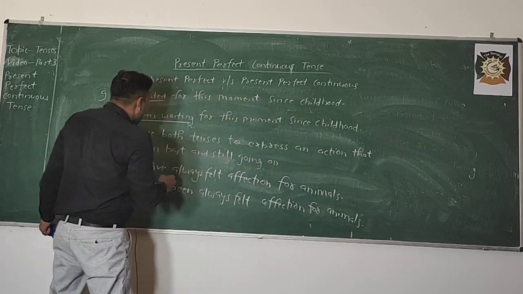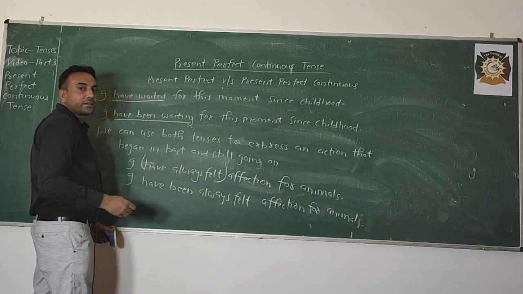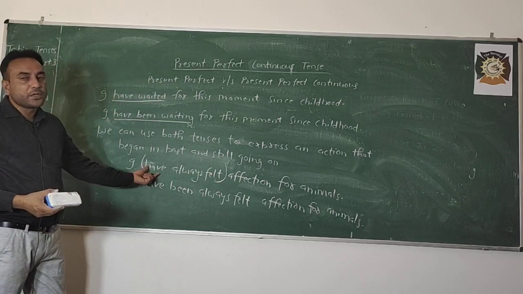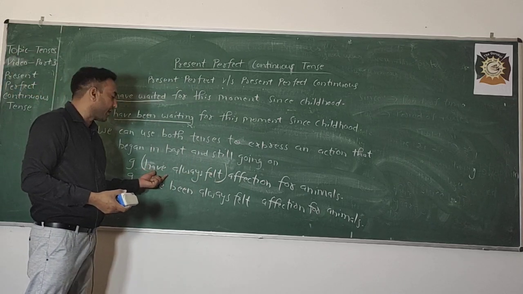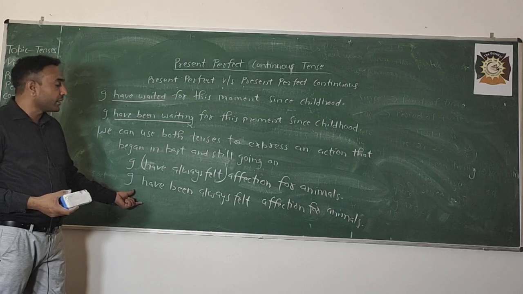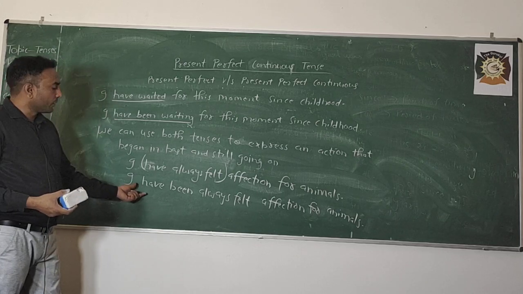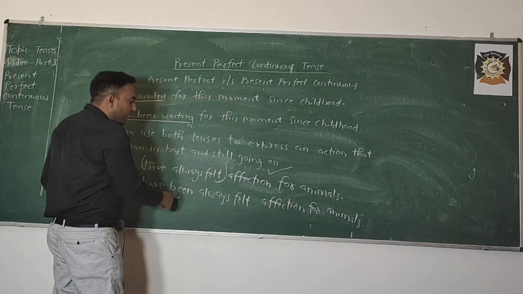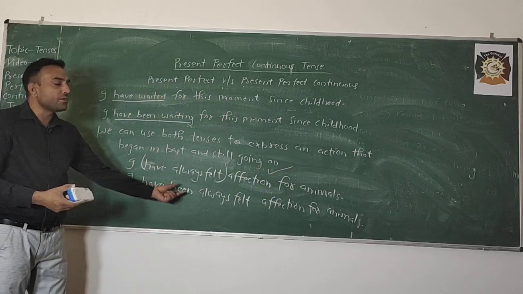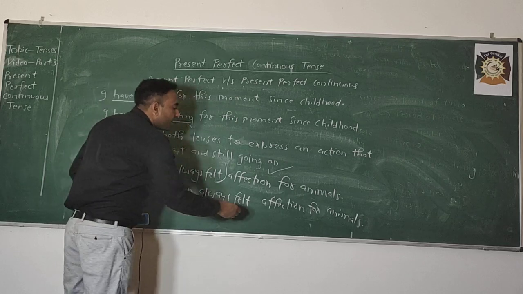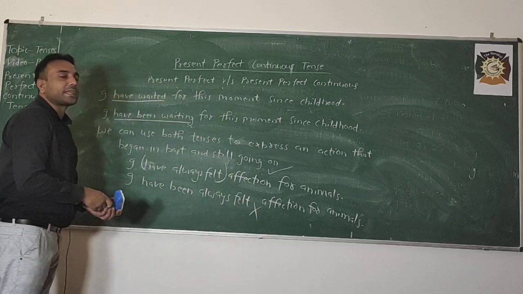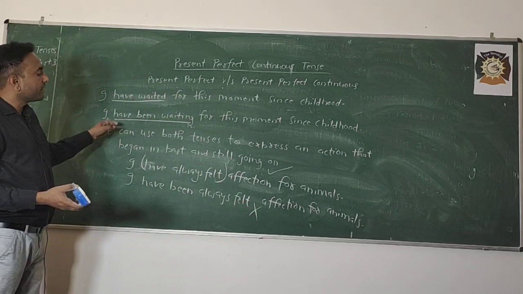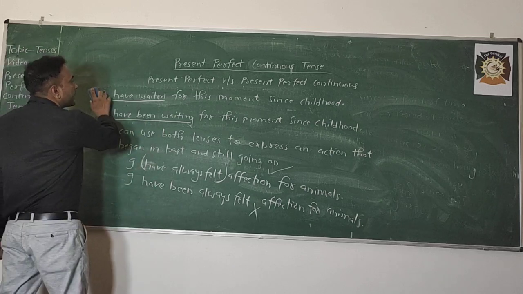This verb, have always felt, can be used only in present perfect tense, not in present perfect continuous tense. So this sentence is correct, but the second one, have been always felt, is incorrect. We will not use it. Some verbs cannot be used in present perfect continuous tense.